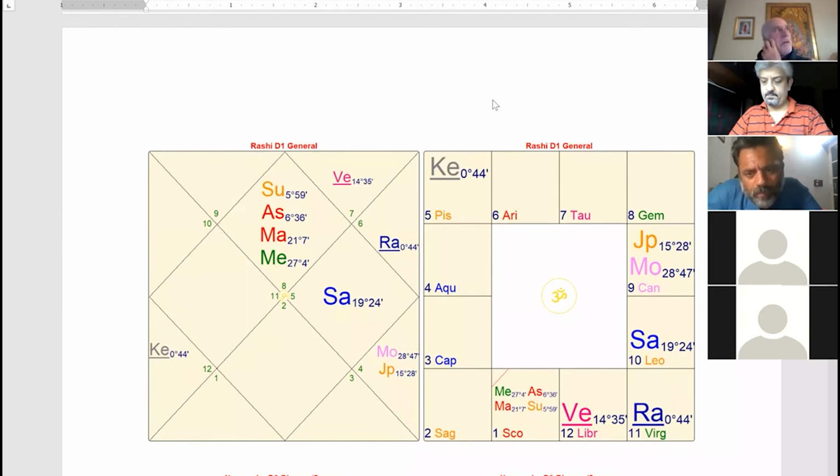Look at this chart. There's one graha in Pushkar Navamsha. Can you find it? Anyone?